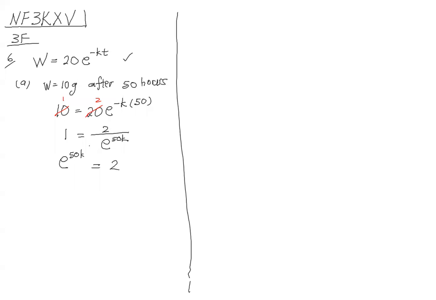Solve K, how to solve? Use ln. Yeah, use ln. So I write 50K equal ln 2. Yes, you are right. So K equal to ln 2 over 50, correct?